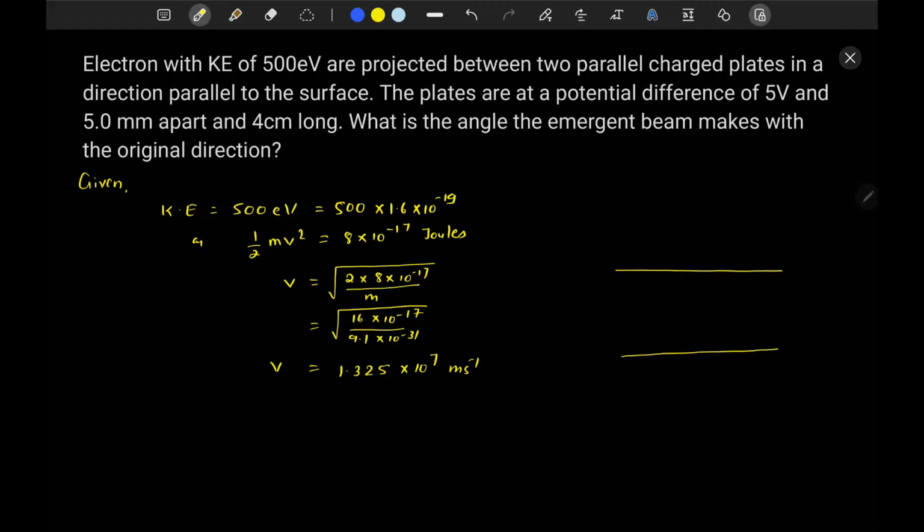Again, according to the question, the electron enters with velocity v inside the plate and is deviated due to the charge on the plates.